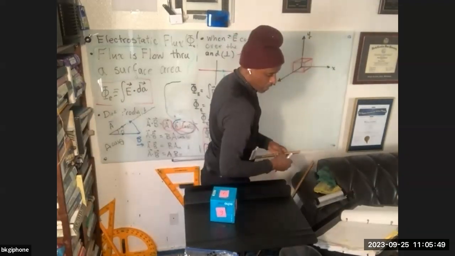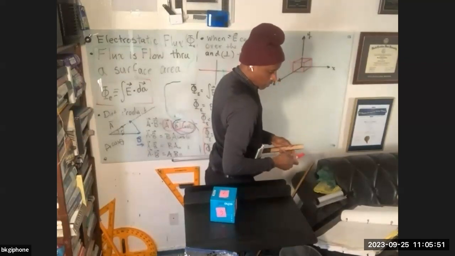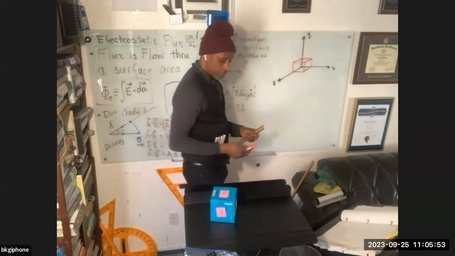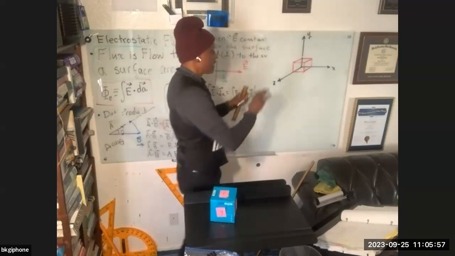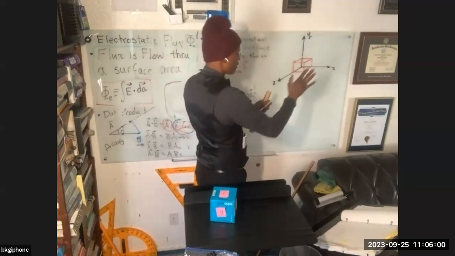So now we're going to have an electric field that's going to point along the x direction. Now that means that it's constant and it permeates the entire space.